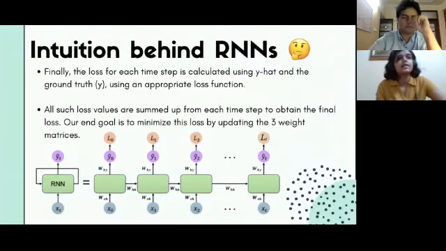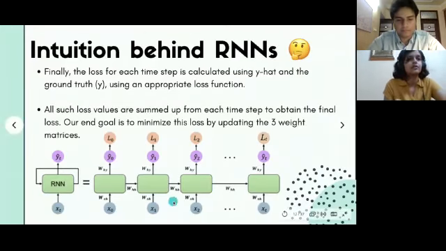So, okay, let's take the first cell here, x naught, y hat naught, and so on. First, you have your x naught, which is the current input that I was talking about. Then you have WXH, which is the input weight matrix. This green box, don't be intimidated by it. It is just where the calculations for hidden state happen, right?